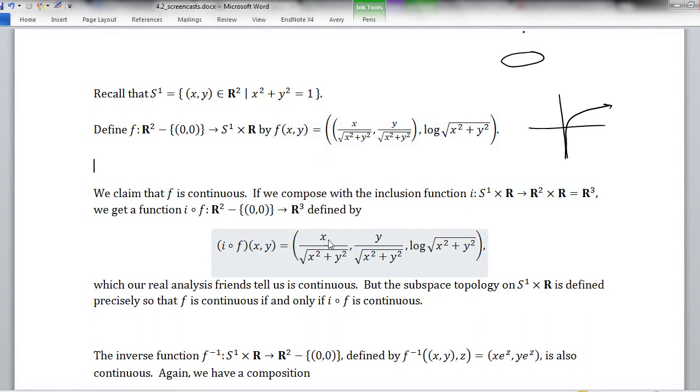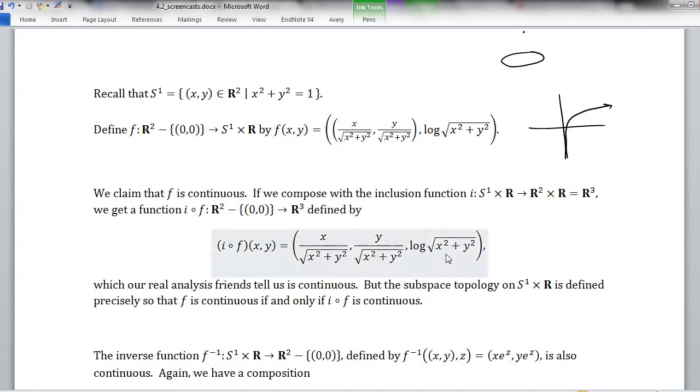All right, so when we compose this function f with I, we get something that looks an awful lot like what we had before. But it maps from the punctured plane into R3, which is basically like mapping from R2 into R3. Now, that's just the sort of function that in real analysis you learn is continuous, with some good old epsilon delta proofs.